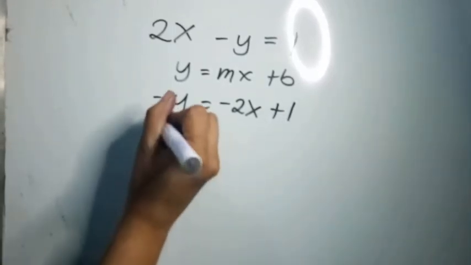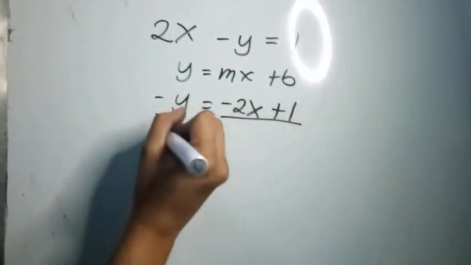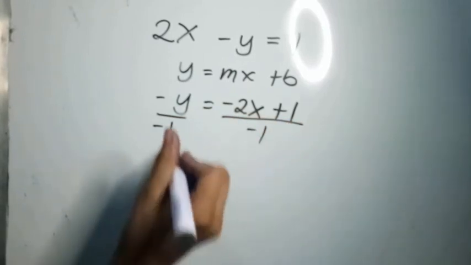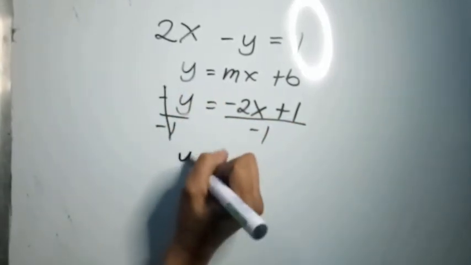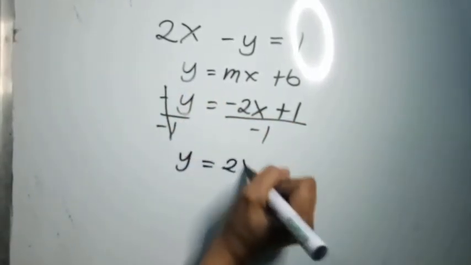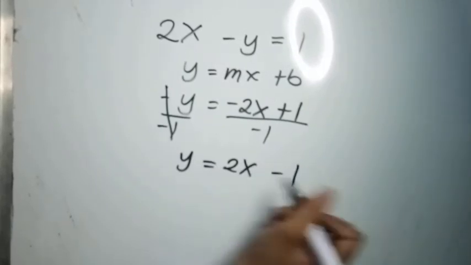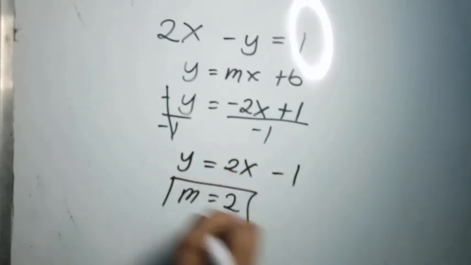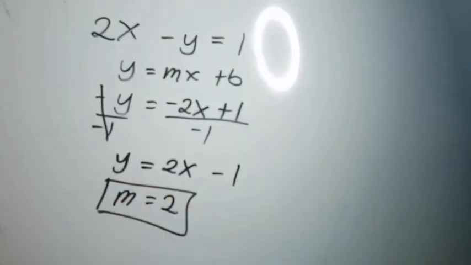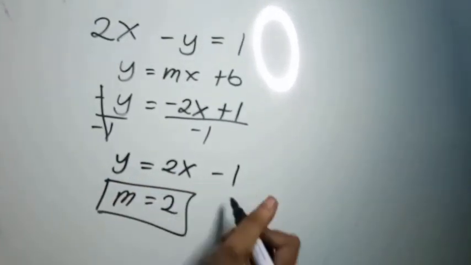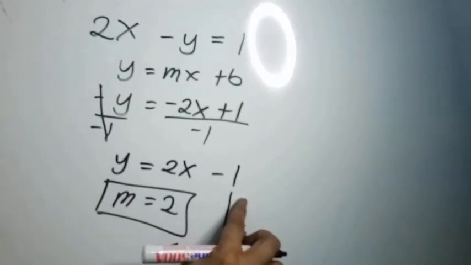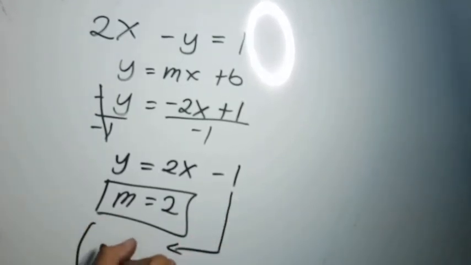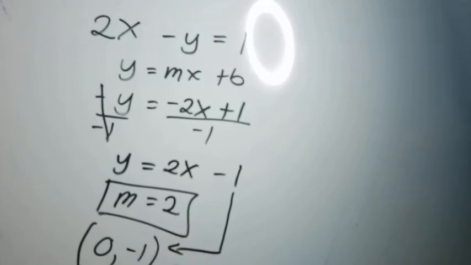Then divide both sides by the coefficient of y, negative 1. So y is equal to positive 2x minus 1. The slope we have is equal to 2. Then the y-intercept is this one: (0, negative 1).